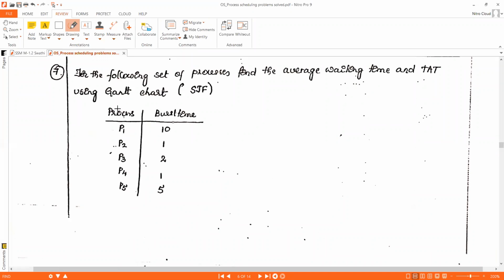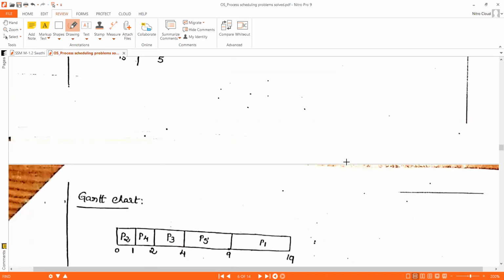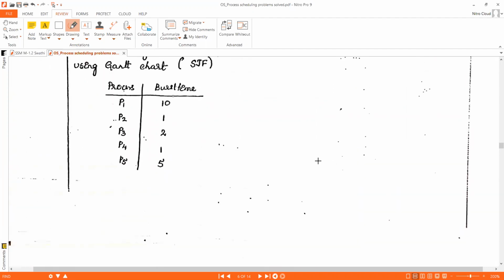And if they don't give the order of arrival, we need to assume the order is process 1 first, next process 2, next process 3, next process 4, next process 5. So all these processes arrive in the ready queue at clock time 0, in the order process 1, process 2, process 3, process 4, process 5.